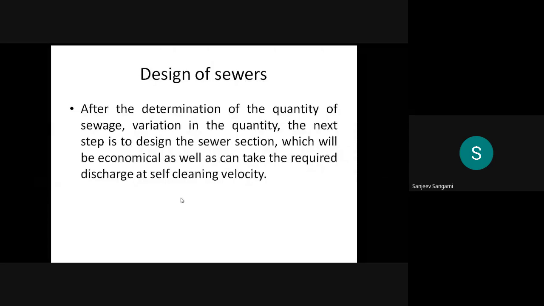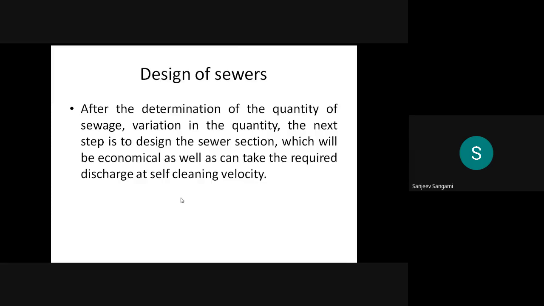Two aspects I already discussed are the self-cleansing velocity and the non-scouring velocity.